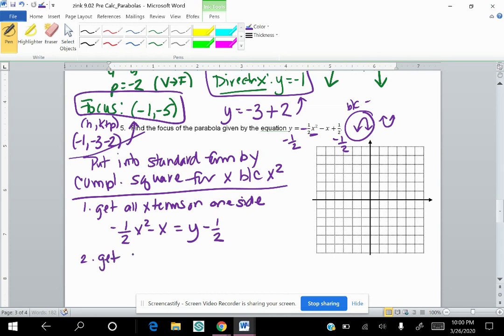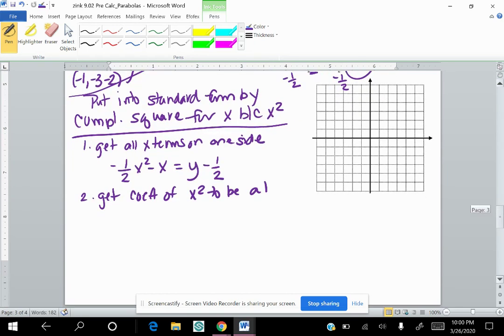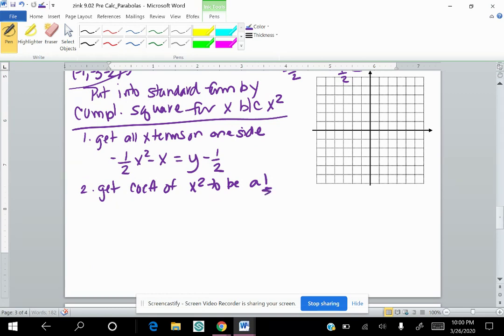Number 2, get your coefficient of x squared to be a 1. When we complete the square, remember you can only complete the square if you have a coefficient of 1. So I need to multiply this entire equation by -2, the reciprocal of the coefficient of x squared.